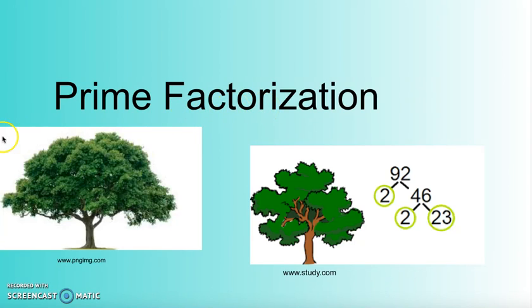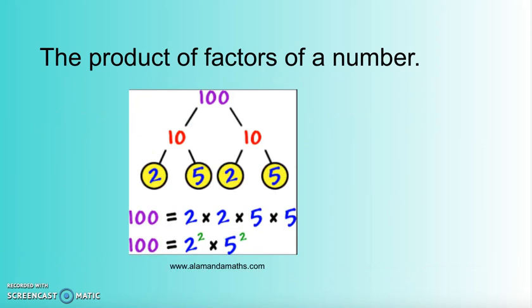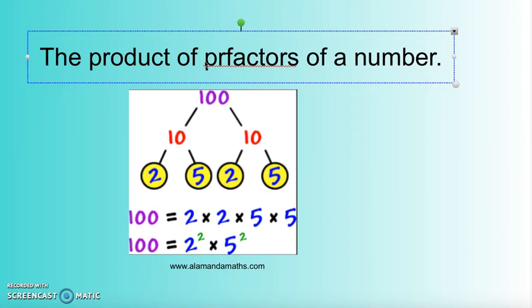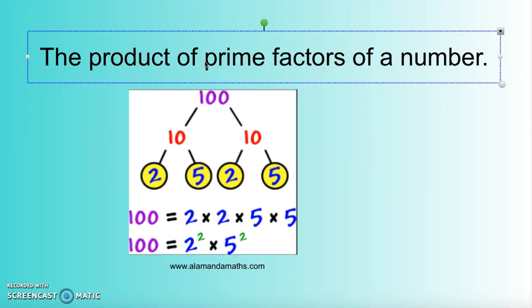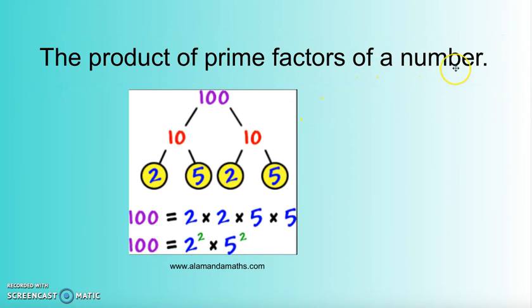So what definition would you give it? Yes, it is the product of factors of a number, but we are going to squeeze in the word prime because it's so important. So it's the product of prime factors of a number. And what are prime numbers again?